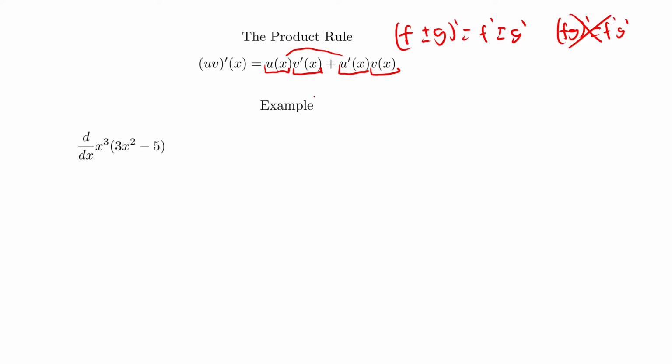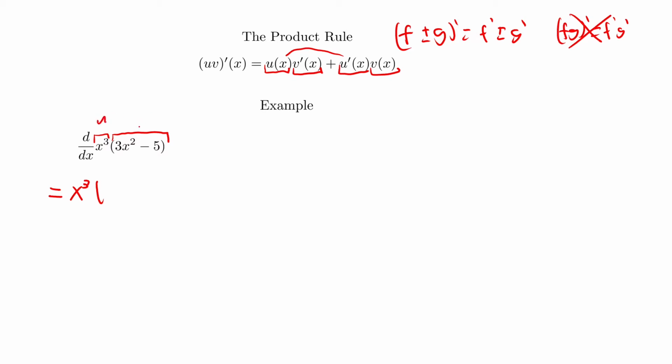So suppose I want to take the derivative of this function here, and we're going to use the product rule. You'll see that we've got two functions here: we've got x cubed and we've got 3x squared minus 5, and those functions are being multiplied by each other. The way in which we apply the product rule is we take the original function, x cubed, and multiply it by the derivative of the second function.